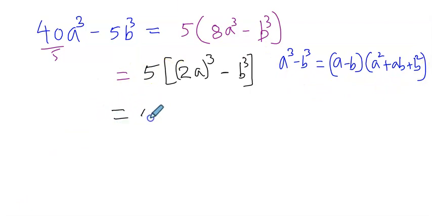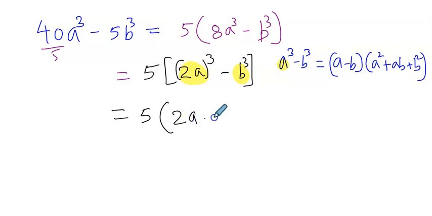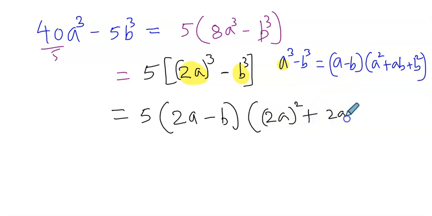So you have 5 times 2a plus b, right? This is my a. Let me highlight those. This is your A and B is B only, like this. Okay. So my A is 2A, B is same B, following this formula A minus B times A square. What is the A? That is 2A square plus AB. That is 2A times B plus B square.